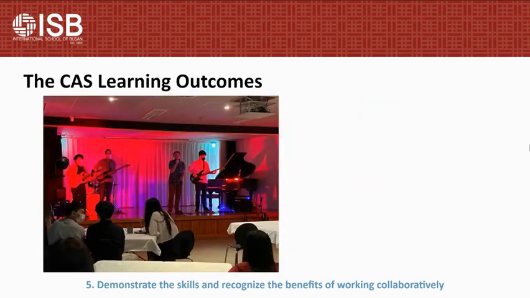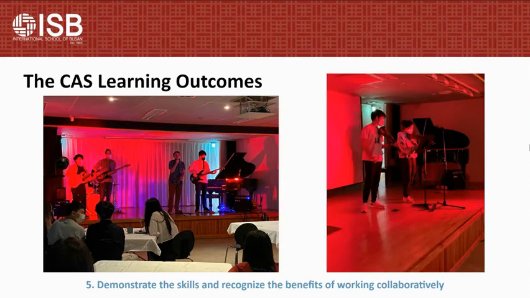Another example of this is one of our student bands got together and prepared some music for a fundraiser for Isaac House. This same fundraiser had a pair of students who worked together. They had only known each other for a couple of weeks, and yet they did a violin duo together.